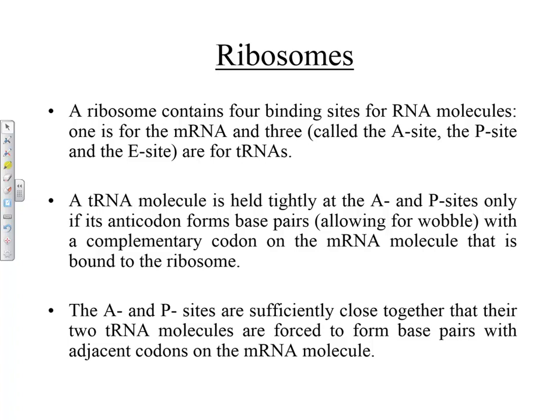The A and P sites are sufficiently close together that the 2 tRNA molecules they carry are forced to form base pairs with adjacent codons on the mRNA molecule. A codon again is a triplet, so these will be forced to form base pairs with adjacent triplets.